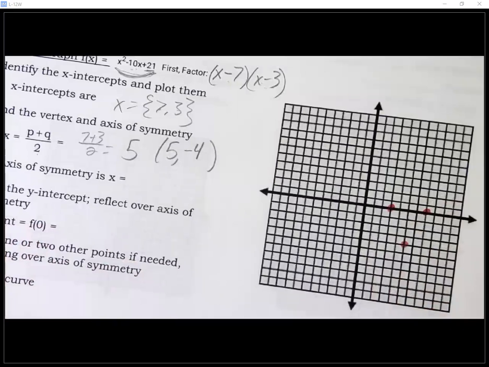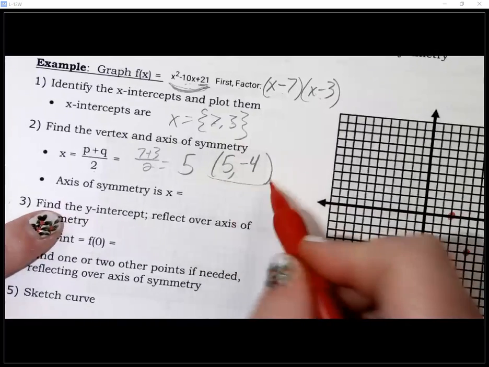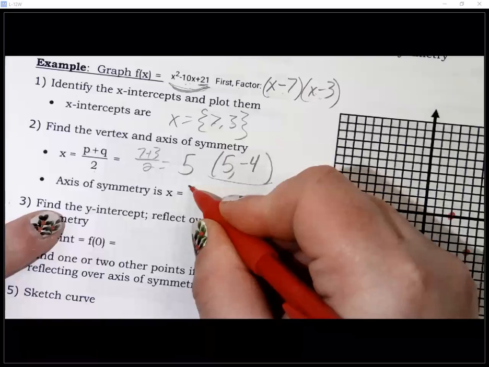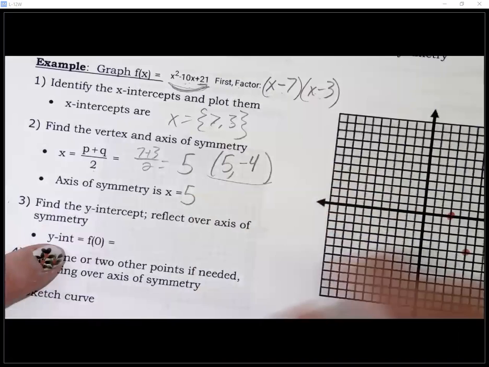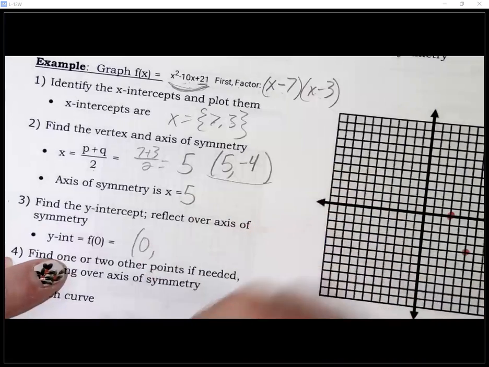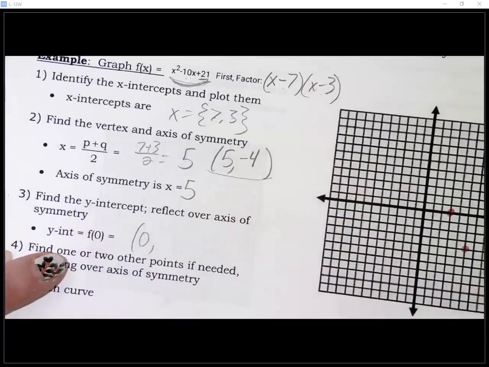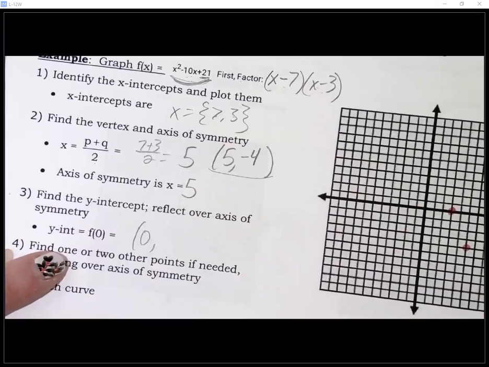Okay, I can keep going over here. I know the axis of symmetry. That's easy enough now once I have that vertex. It's just got to be x equals 5. We can find the y-intercept easily enough. It's just got to be at 0 comma... What's my y-intercept this time? Evan? 0, 21. Yeah, 0, 21.